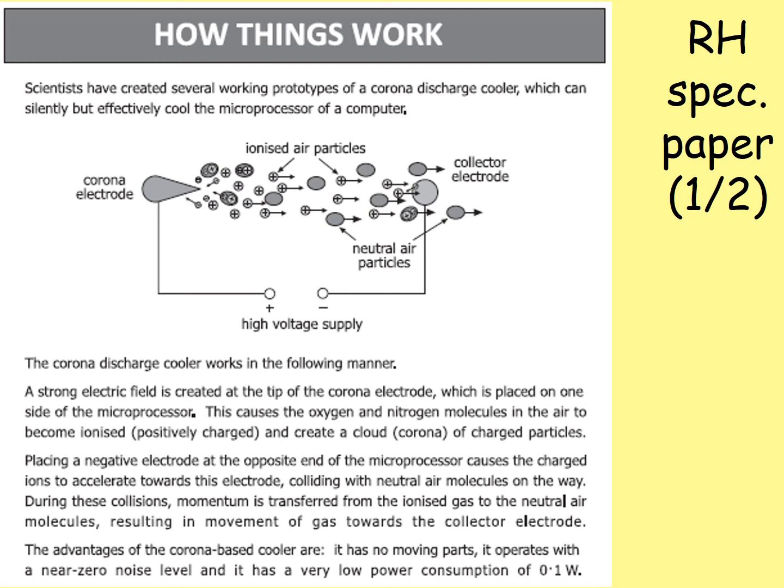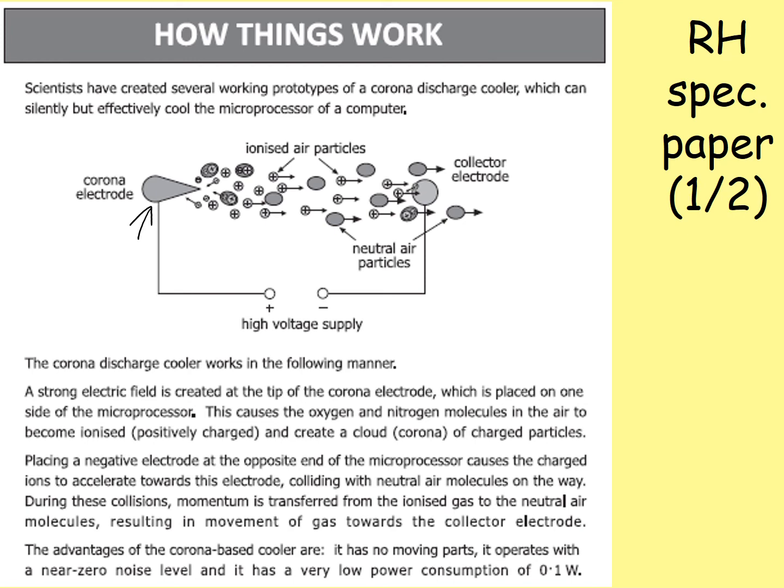The corona discharge cooler works in the following manner. A strong electric current is created at the tip of the corona electrode, that's here, which is placed on one side of the microprocessor. This causes the oxygen and nitrogen molecules in the air to become ionized, that is positively charged, and create a cloud or corona of charged particles.